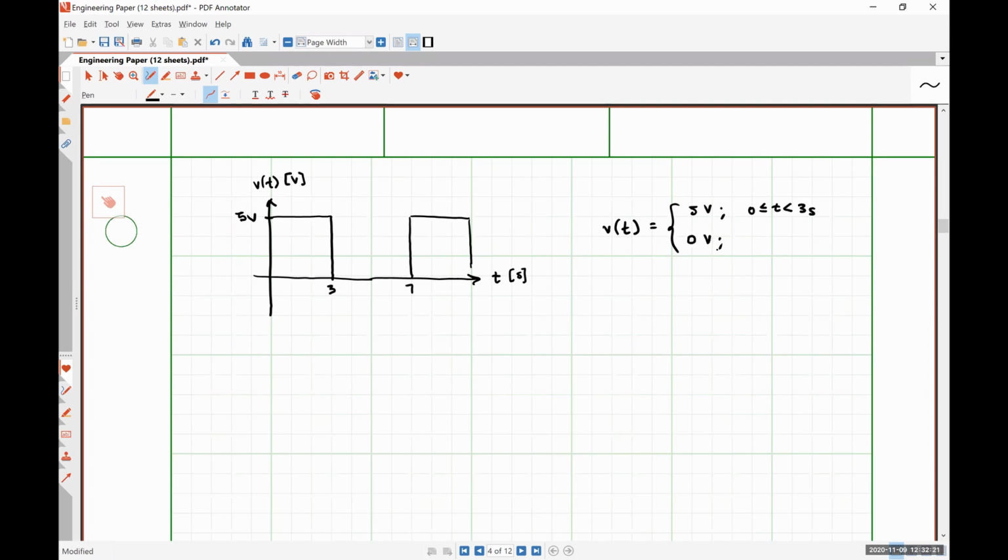And then it's 0 volts for the remainder of the period, which would be 3 seconds less than t less than 7 seconds. And it repeats that cyclically over and over and over again.